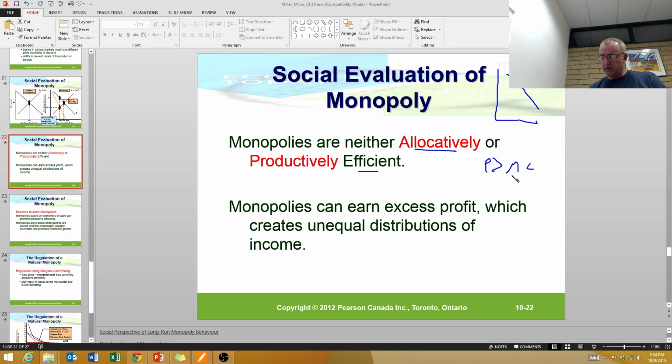And this means that there are insufficient resources getting devoted towards the production of that product. And so the quantity of output is too low from society's perspective. And so we know that with our production possibilities curve, we're not at an allocatively efficient point.